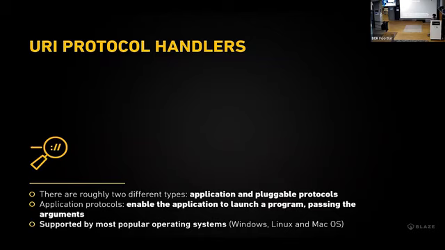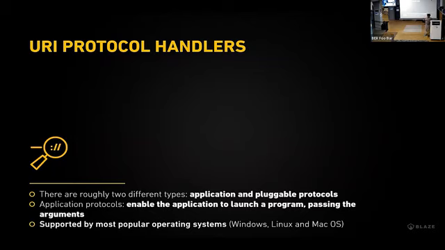But just from a Windows point of view, there are roughly two different types of them: the application ones and the portable ones. The portable ones are not really in scope. Essentially, these are the ones where you type HTTP, FTP or file, and they are handled by the browser itself.